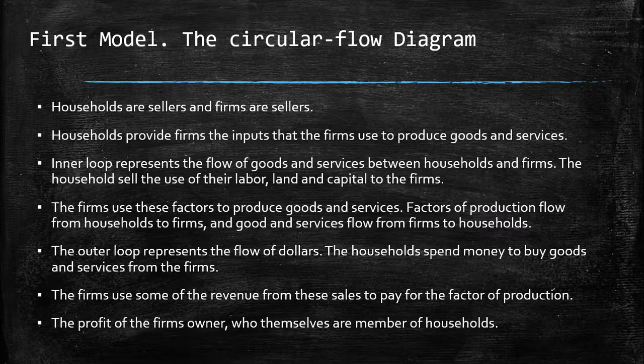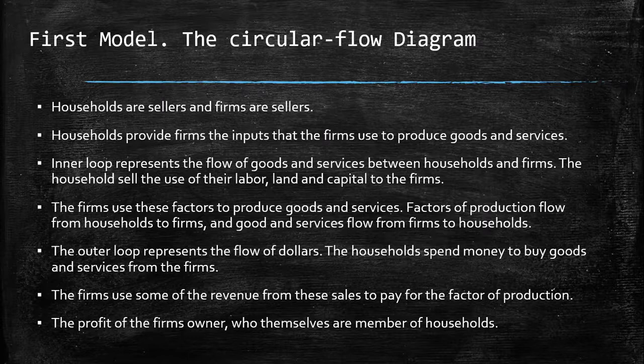As we said before, the households sell the factors of production, and the firms use these factors to produce goods and services. So the factors of production flow from the households to the firms, because households are their owners, and the goods and services flow the other way, from firms to households.